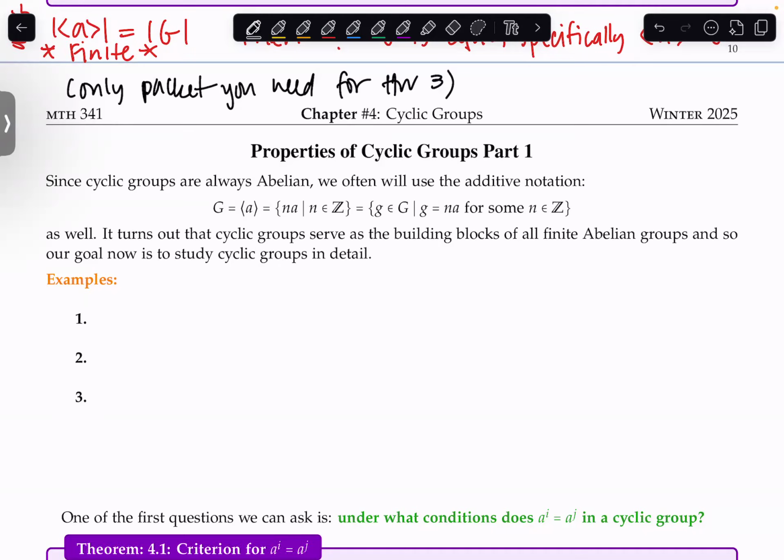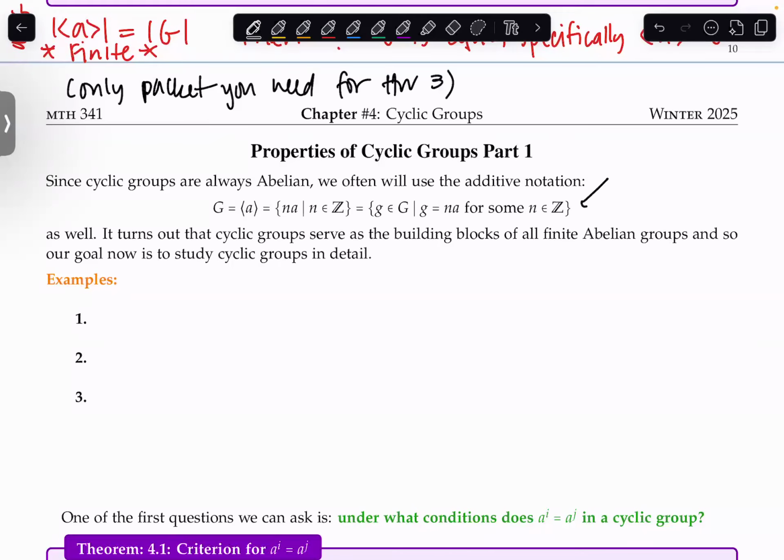When we think multiplication in terms of matrices, that's not going to be commutative, and so we don't always use that notation. In either case, we want to feel comfortable using both notations: the additive, where I would write n times a, meaning a added to itself n times, or the multiplicative notation where I write a to the n, which means multiply a by itself n times. And we have these written in two different forms.